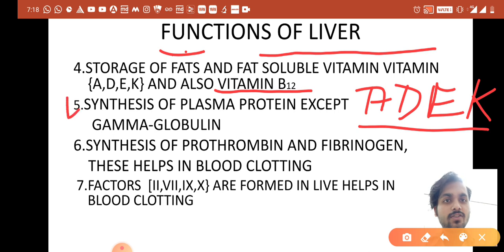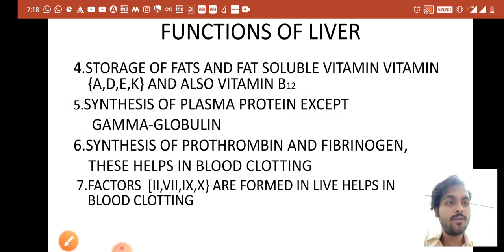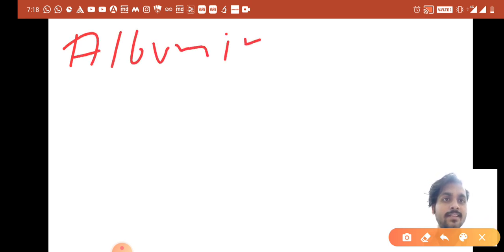And the fifth function of liver is synthesis of plasma protein. All of the plasma proteins are synthesized by the liver except gamma globulin. So what are all the plasma proteins? First type is albumin, then globulin.